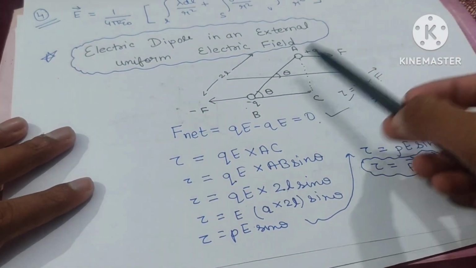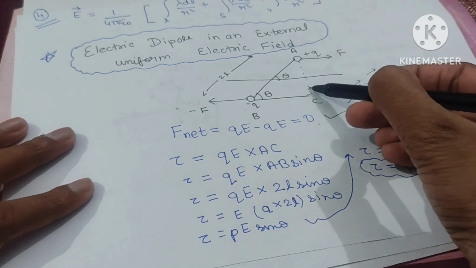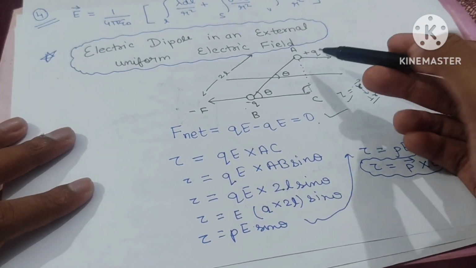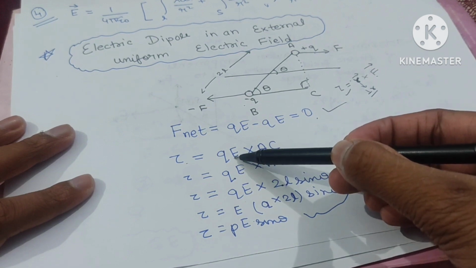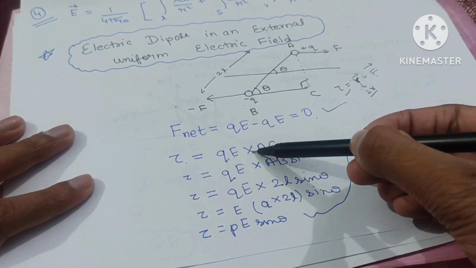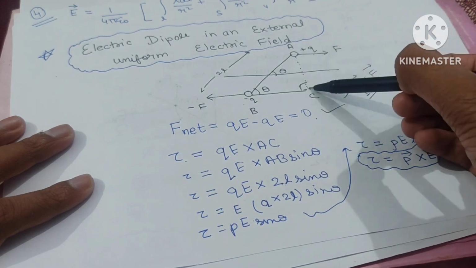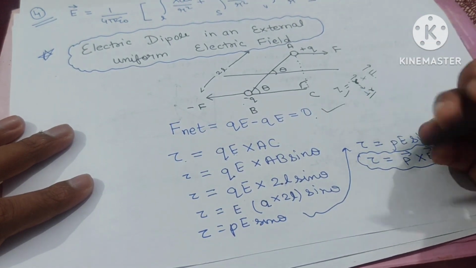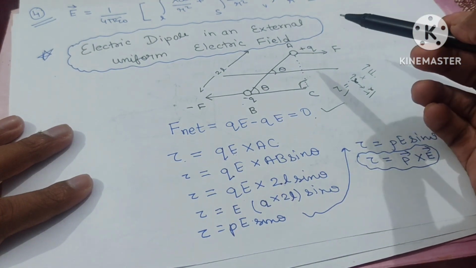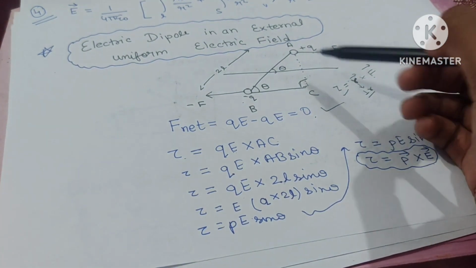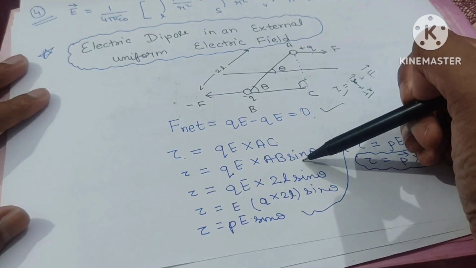We'll take the angle theta, and in triangle ABC, AC is the perpendicular. So tau is equal to F, the electrostatic force qE, times AC. AC is the perpendicular distance. From the Pythagoras theorem and trigonometry, AC is equal to AB sine theta.